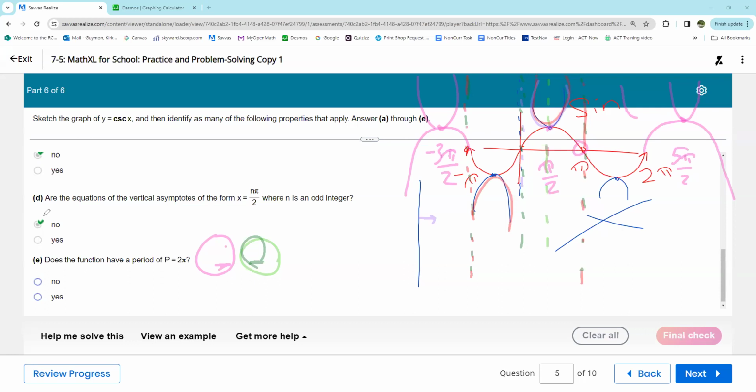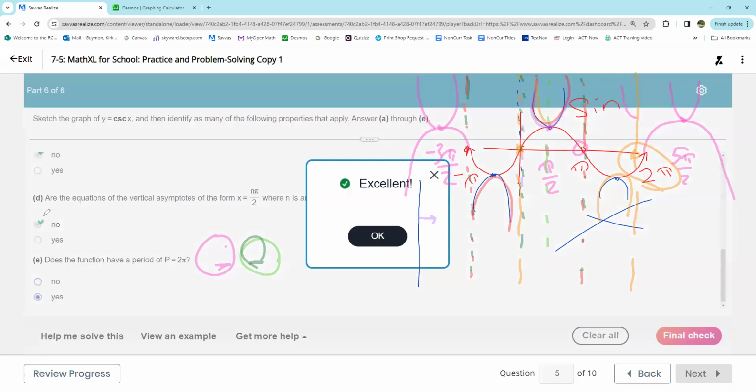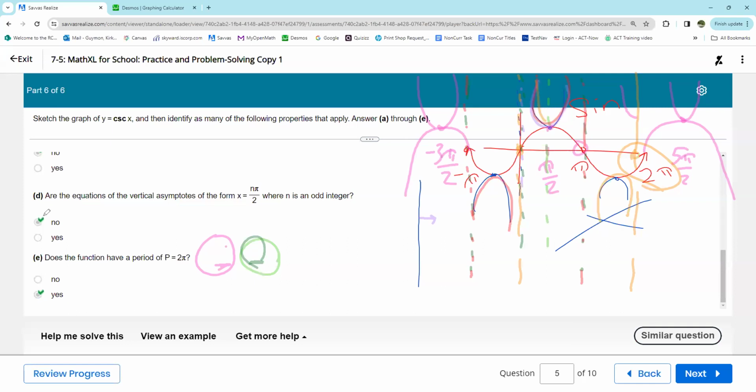Or, if you wanted to, you'd get the same answer using the y-axis over until you get through this one right here. That would show 0 to 2 pi. So yes, the period is 2 pi to get both parts of the graph. And that's how I would think through that problem, and hopefully that helps.